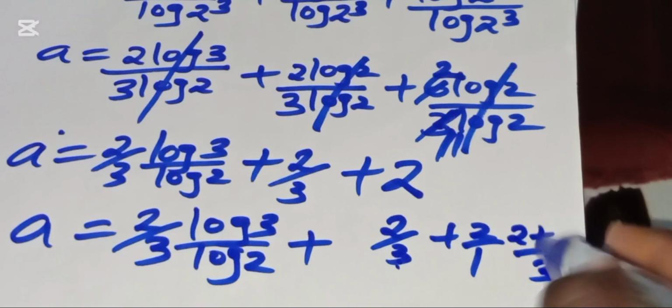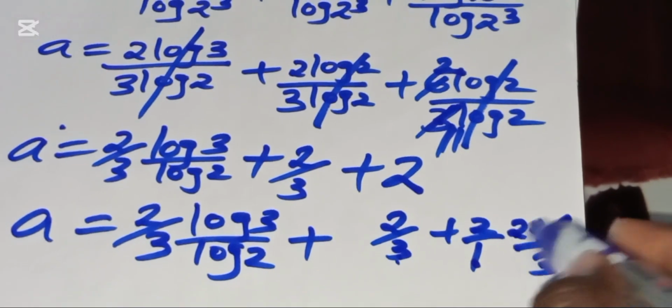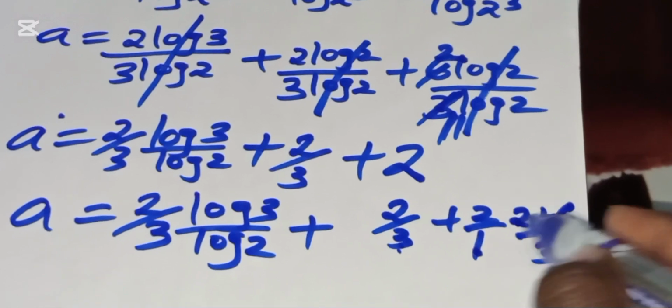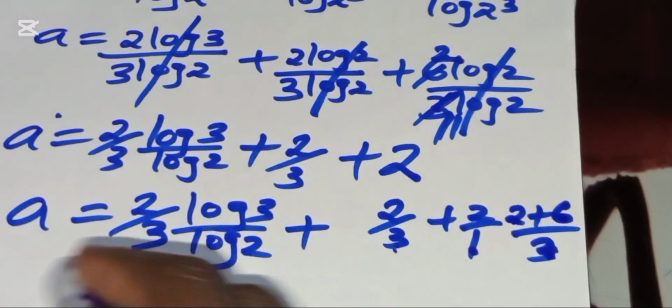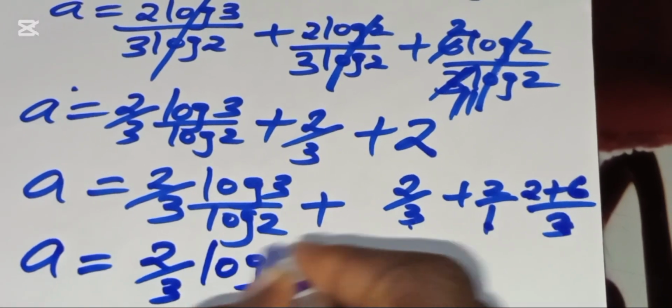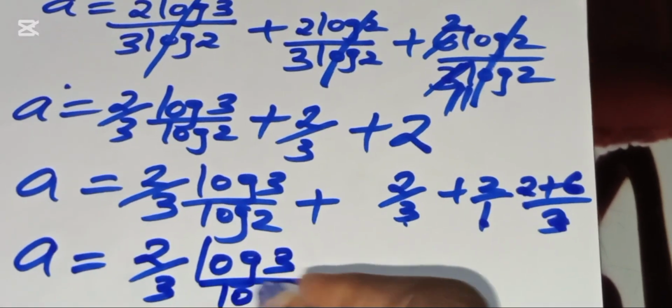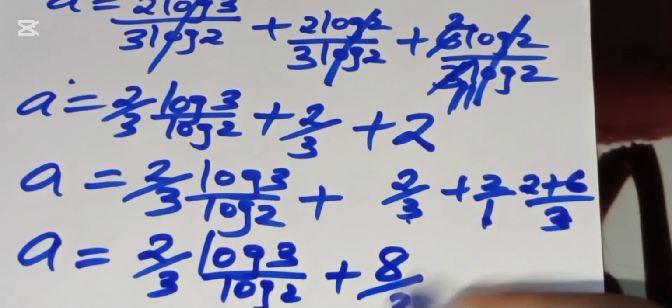This is 2 plus 3 divided by 1. This is 3 times 2, 6. So this is the same thing as 2 plus 6, which is 8 over 3. So this means that A is equal to 2 over 3 log 3 divided by log 2 plus 8 over 3.